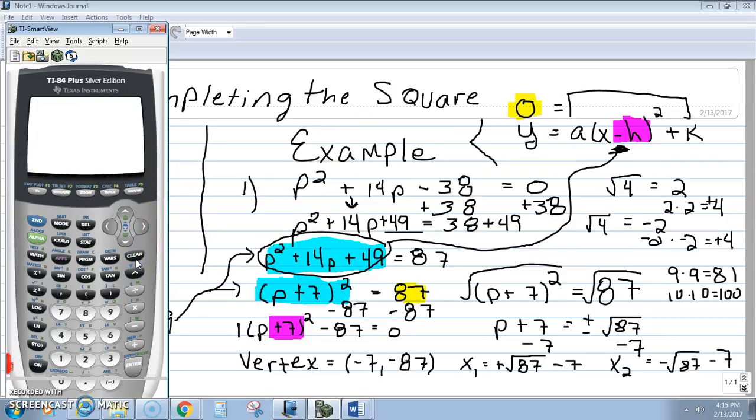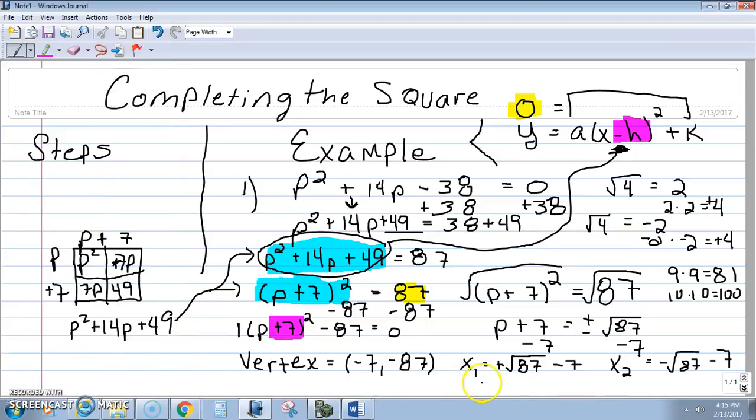So I'm going to do square root of 87. I don't actually need the positive sign. And then that 87 has to be in parentheses, minus 7. That's one answer, and that's approximately 2.33. So x1 is approximately 2.33.